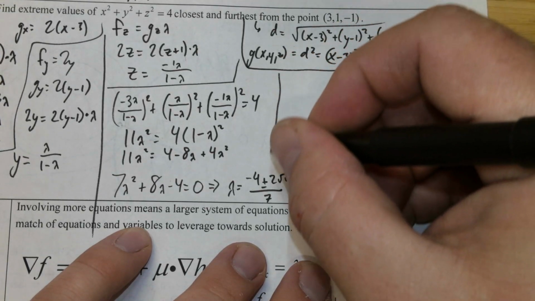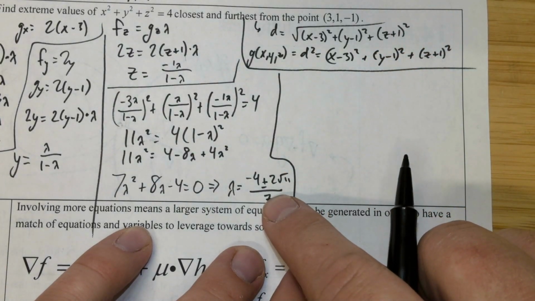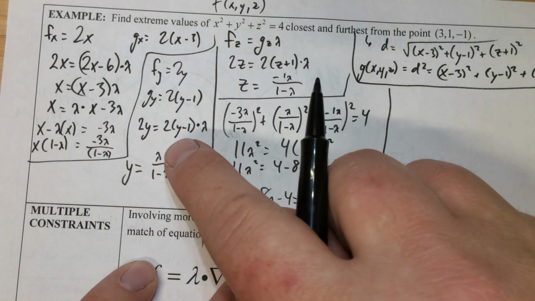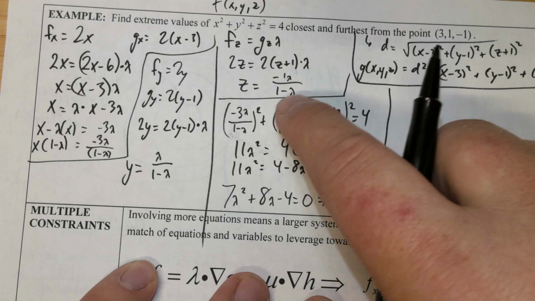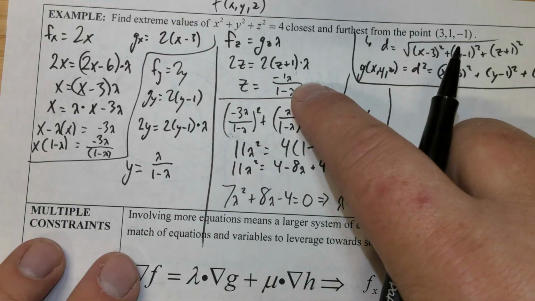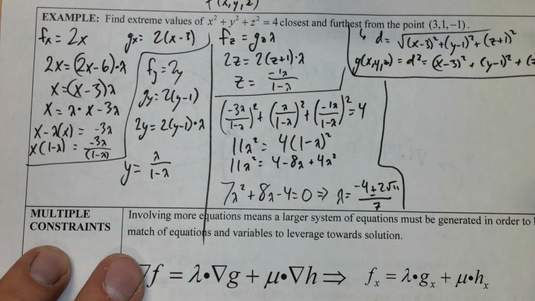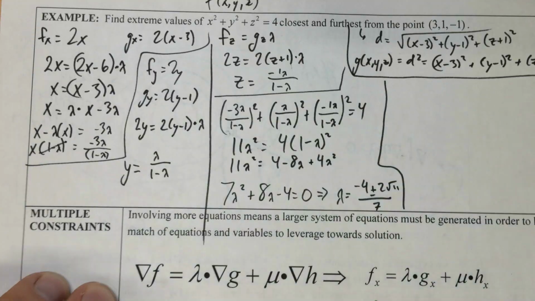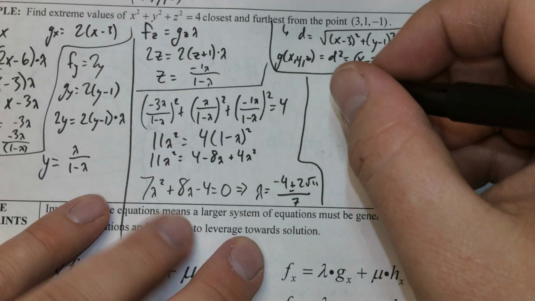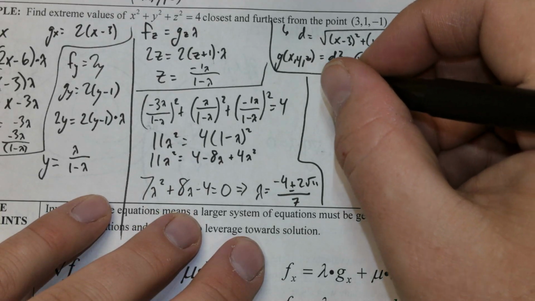So now that I know this lambda value, I can just go plug it in to x and y and z. So when I do that, I will get these values.